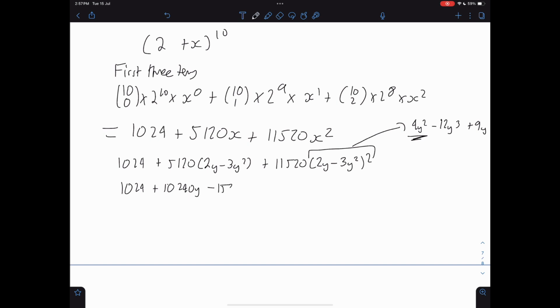So then if we expand this, we're going to get 10,240 and then minus 15,360y squared. Then if we multiply the 11,520 by 4, we're going to get 46,080y squared. And then we just collect those like terms. We get 1,024, 10,240y, and 30,720y squared.